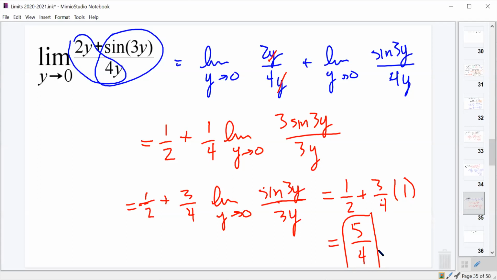So we see how those rules can help us to manipulate some of these trig ones to give us different limits that we can easily evaluate. Any issues there? Any questions with that? All right, let's do some more.